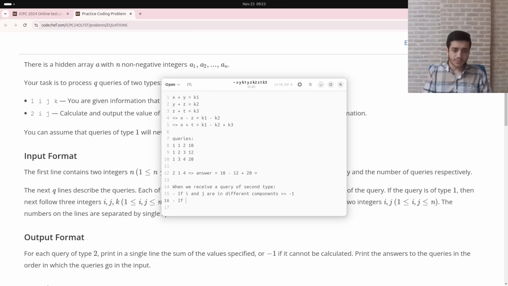If i and j are in a component with at least one cycle, we know A_i and A_j already, and we can find the answer. Oh, that is not totally correct.